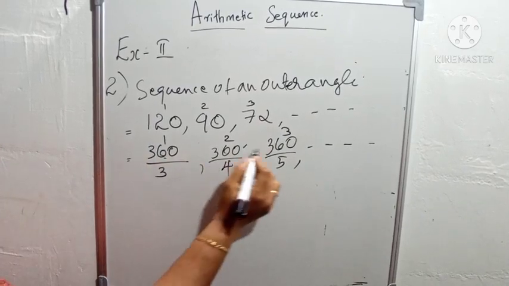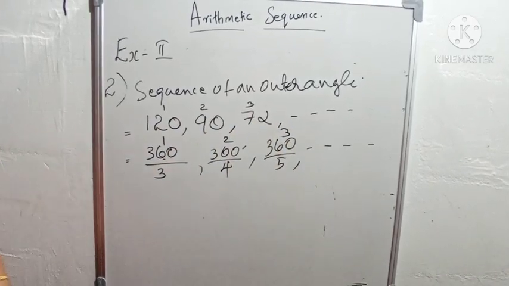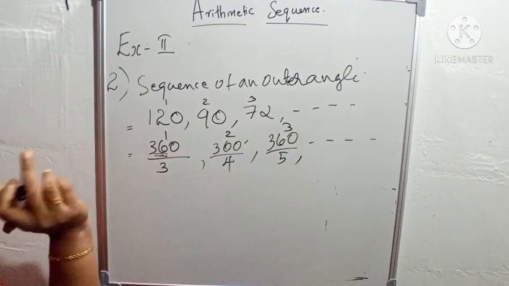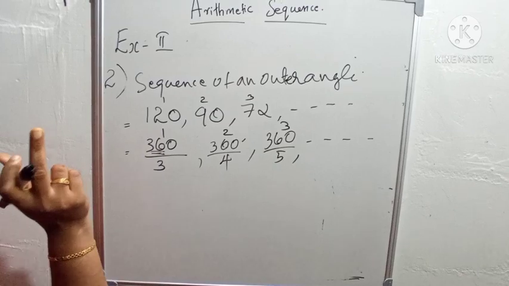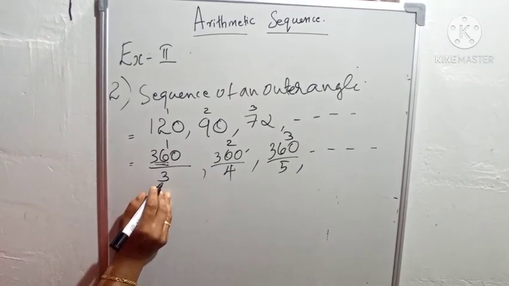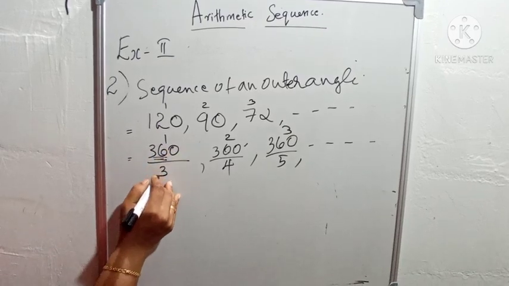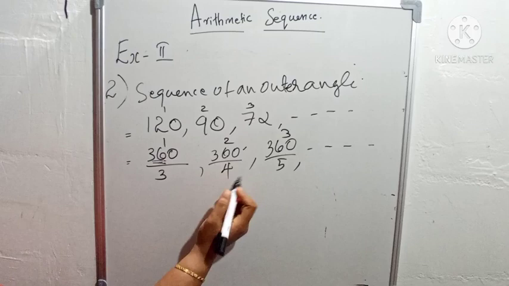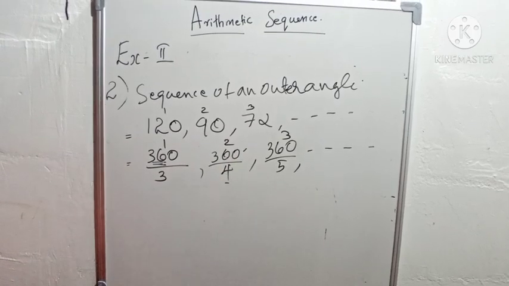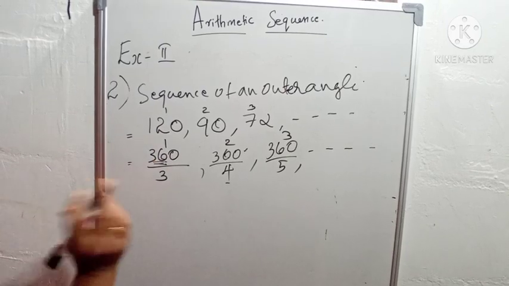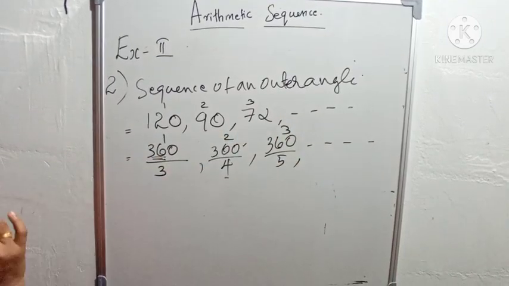See, 360 is common in all the terms, right? What is this 360? 360 is the sum of outer angles of any polygon. And one outer angle is equal to the sum of outer angles divided by the number of angles. So 360 divided by 3, and for a square 360 divided by 4, because 4 angles are there for a square. So 360 divided by 3, 4, 5, etc.